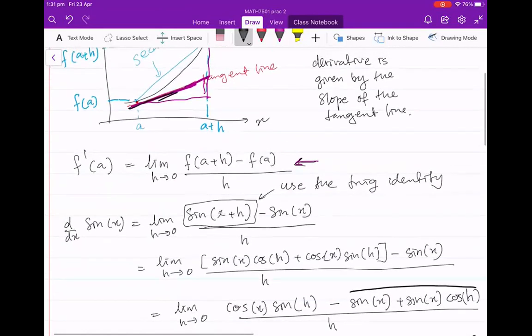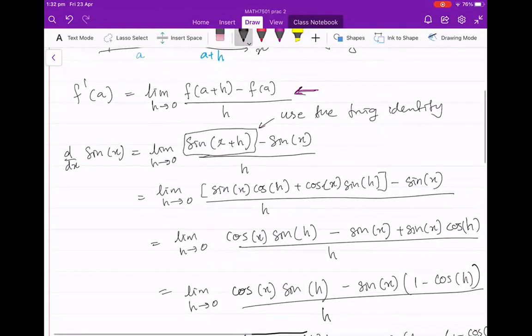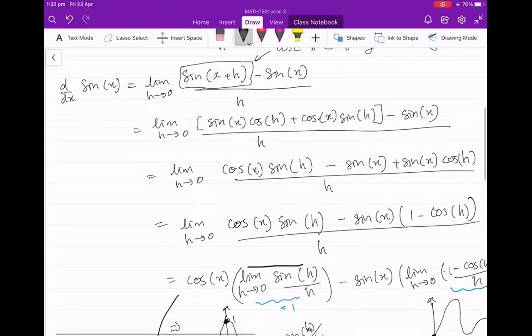Okay. And once you get up to here, I've collected the common terms and factorized sine x. And that's the limit.